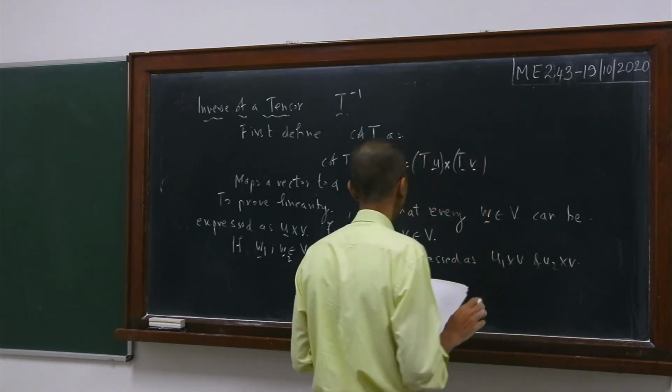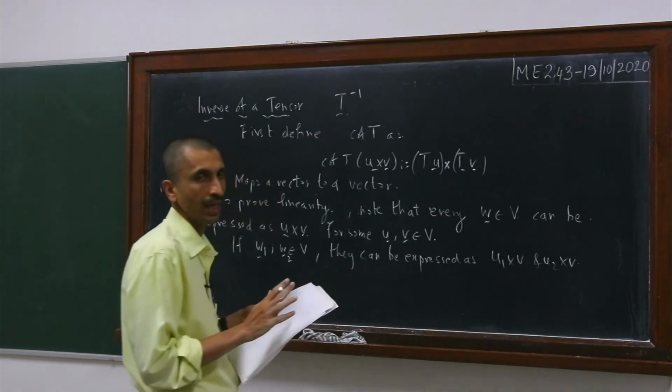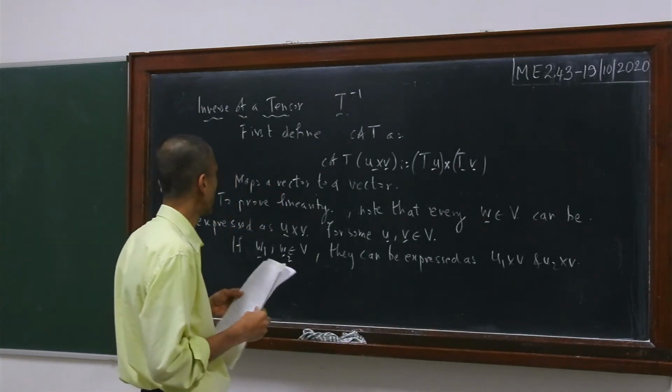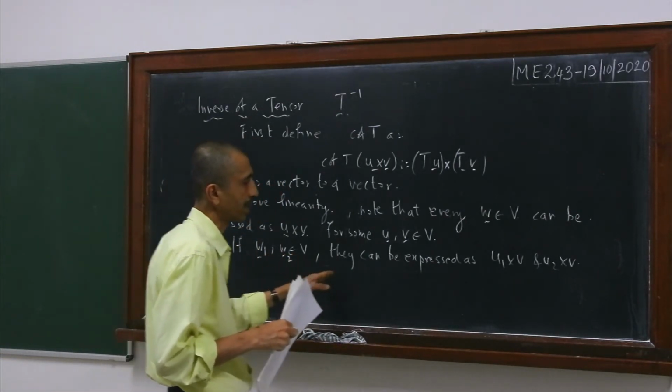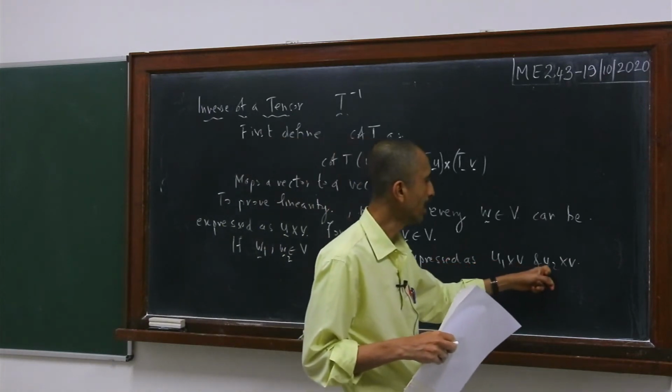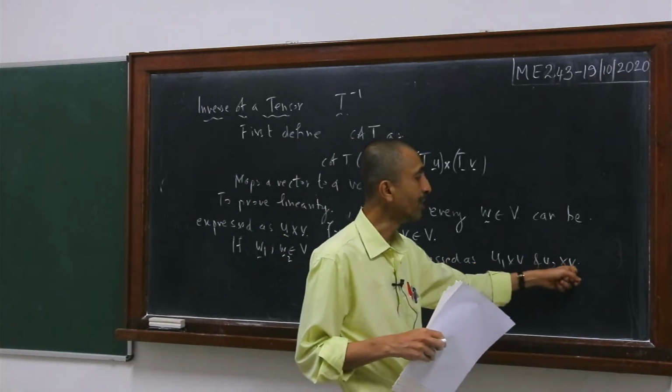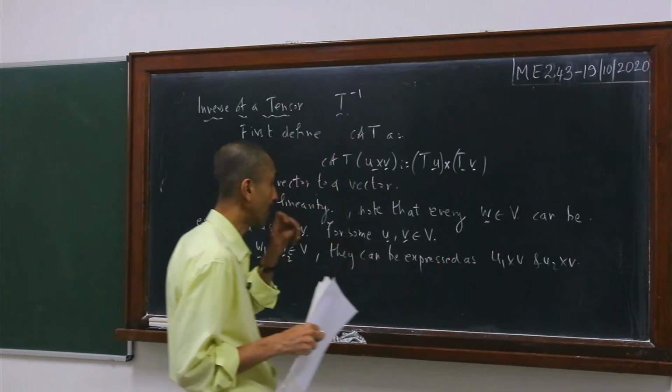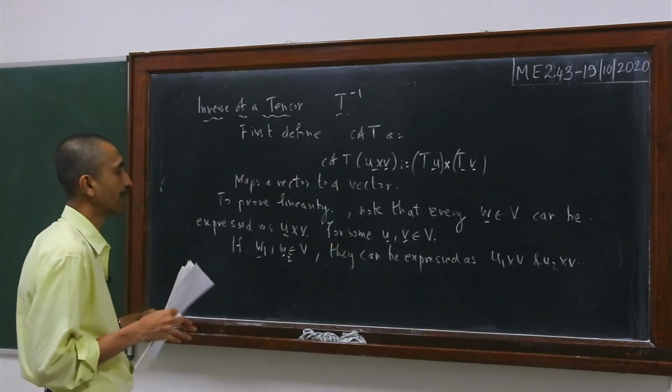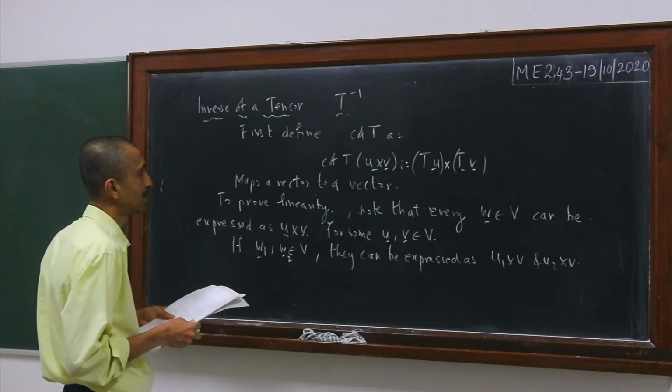Okay, so this is going to be a bit more tricky to show. So here you can see that w1 and w2 are arbitrary vectors. They can be expressed as u1 cross v and u2 cross v. So this part v is the same in both of them. That is very, very important in trying to show the linearity of this transformation here.